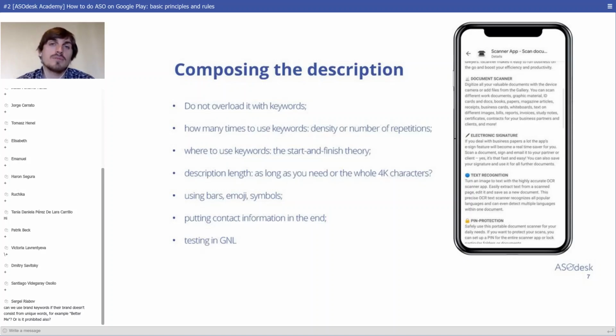The maximum allowed to describe an Android app on Google Play is 4,000 characters. But if you have already used all the keywords that describe all the features of your app using just 2,000 characters, don't artificially increase the number of characters just to fit this 4K.